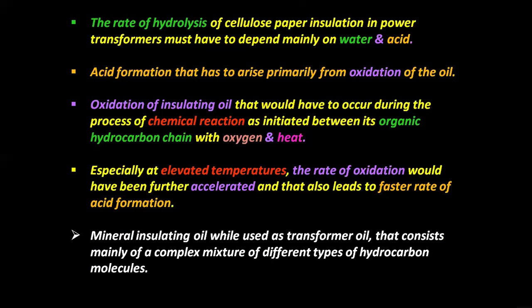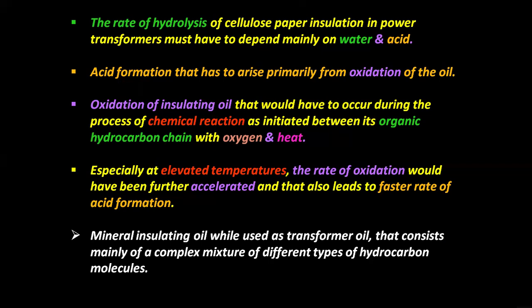Oxidation of insulating oil occurs during the process of chemical reaction initiated between its organic hydrocarbon chain with oxygen and heat. Especially at elevated temperatures, the rate of oxidation is further accelerated, and that also leads to a faster rate of acid formation.